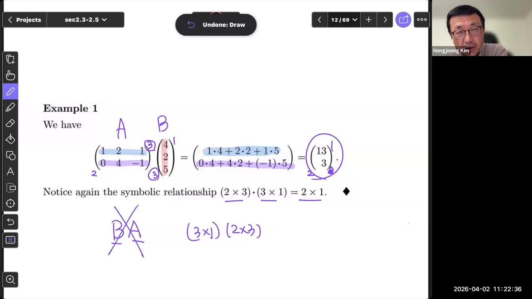Even though you can define the product A times B, that does not mean that we can define B times A. In these two matrices, A times B exists, but B times A does not exist at all. So they cannot be the same.